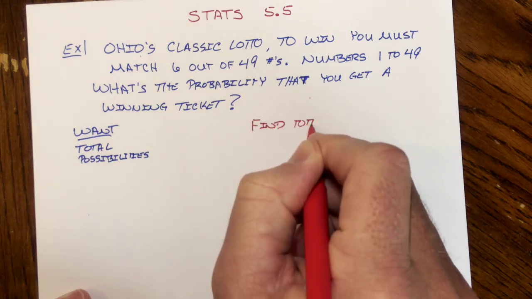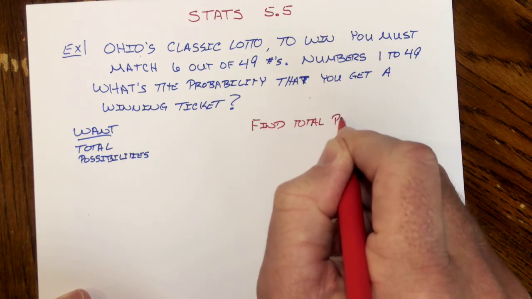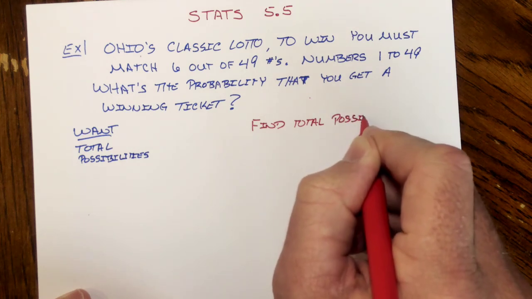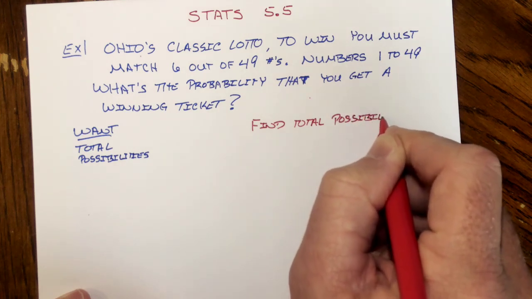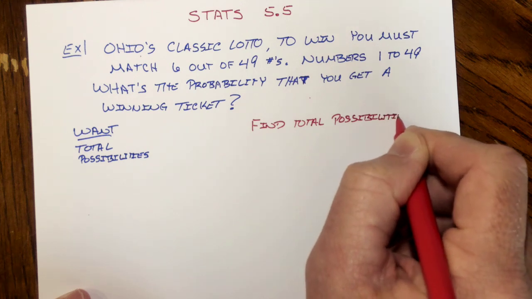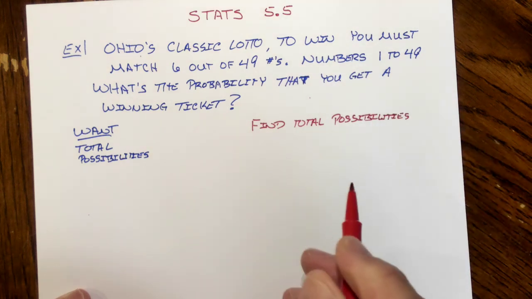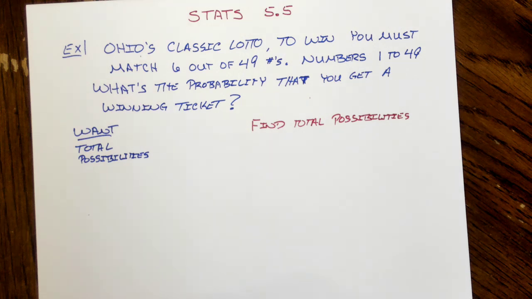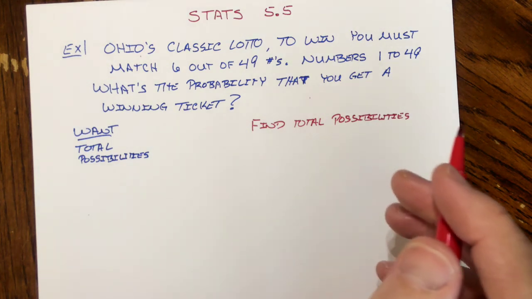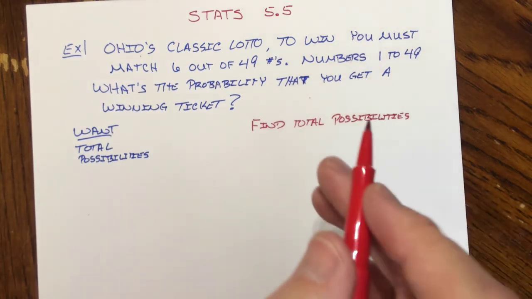Find total possibilities, and then that means we want the total possible outcomes.